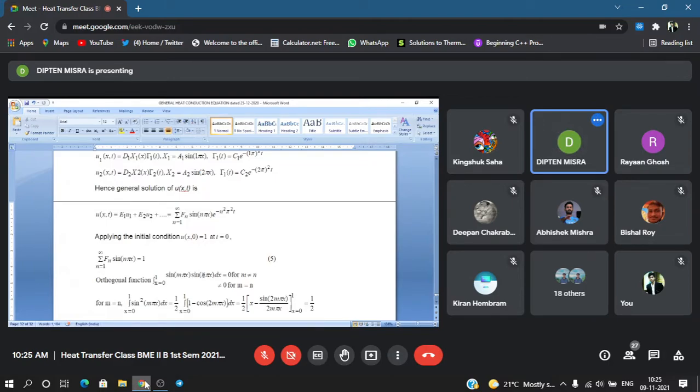Simply try to find out the value of the integration of sine m pi x into sine n pi x dx between 0 and 1. How do we integrate this thing? This is cos of (m pi x minus n pi x) minus cos of (m pi x plus n pi x), whole divided by 2.